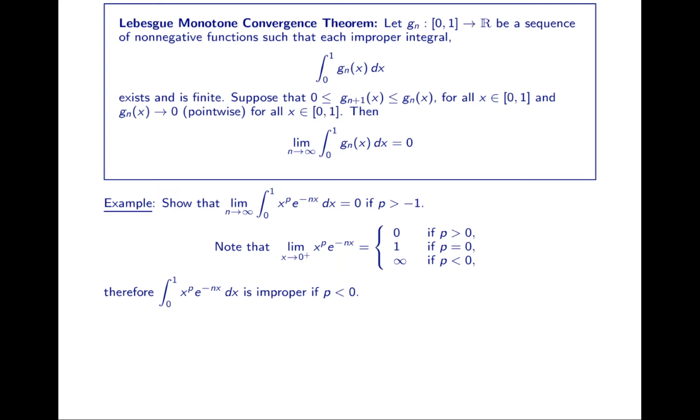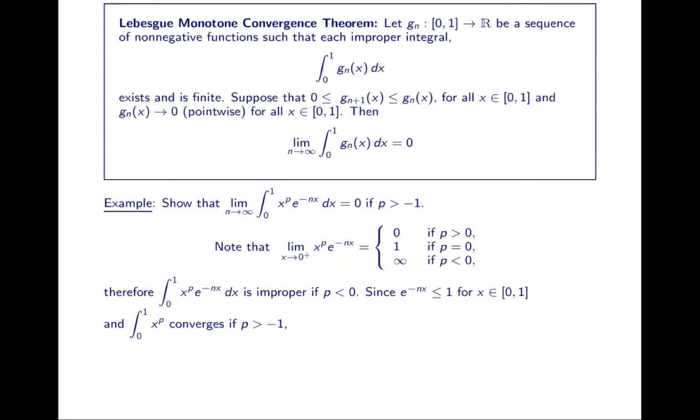Now, note that as x approaches 0 from the right, because again, we're only looking at the interval between 0 and 1, my integrand is 0 if p is positive, 1 if p is 0, but infinite if p is less than 0. So that integral we're looking at is in fact an improper integral if p is less than 0.